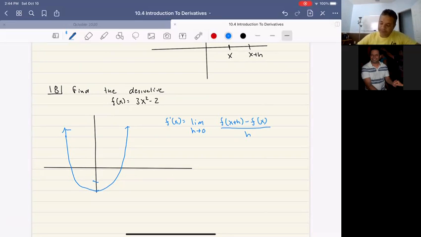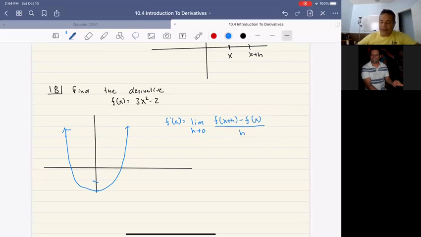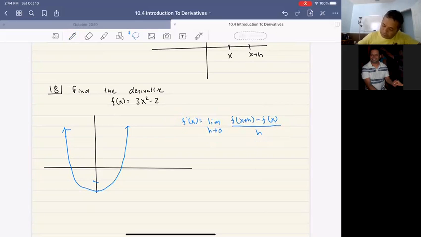Okay? Now, that equals the limit as h goes to 0. Now, what is f of x plus h? F of x is 3x squared minus 2.